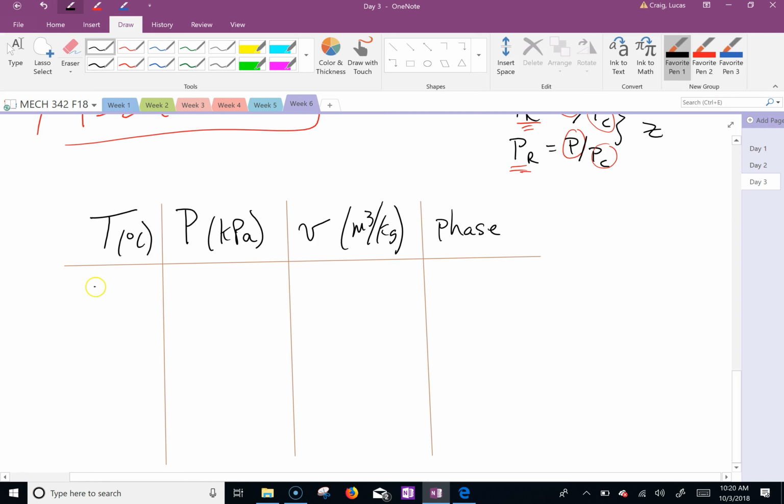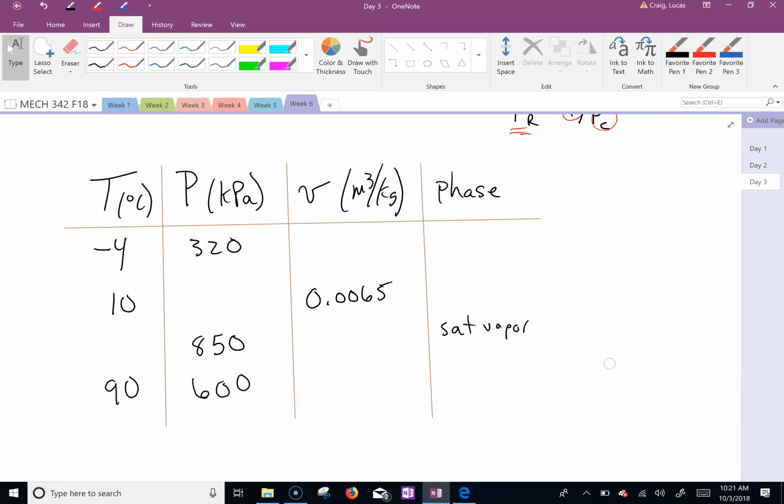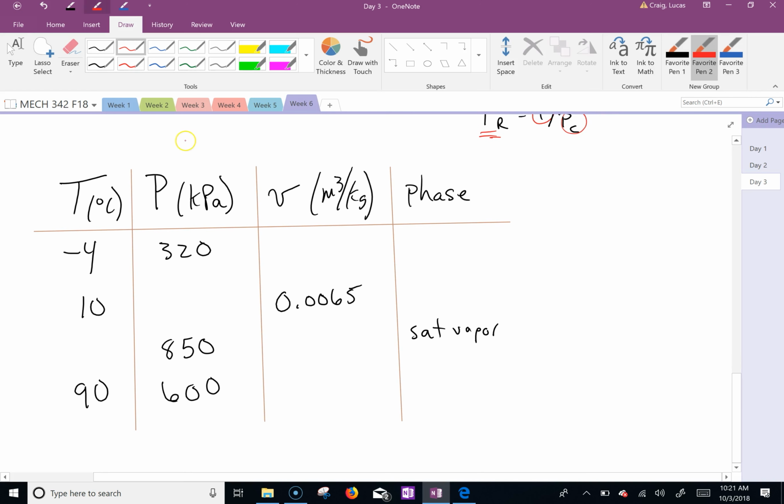So we got -4, 10, 320, 0.0065. We got 850, 600, 90. Some more saturated vapor. And what are we dealing with? We're dealing with R-134A, so refrigerant.